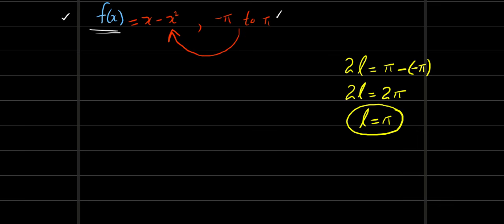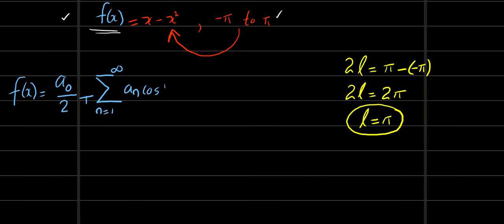Okay. Now on this side I'm going to write, let the required series be f of x equal to, so now you tell me what is the full range series? A0 by 2 plus sigma n equal to 1 to infinity, an cos n pi x by L plus bn sin n pi x by L. In the next line, we will substitute the values.